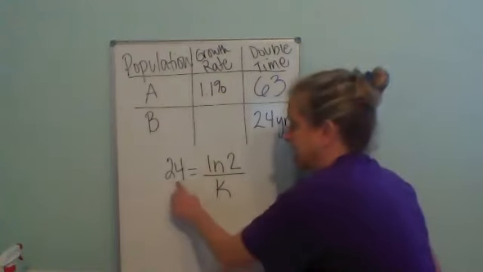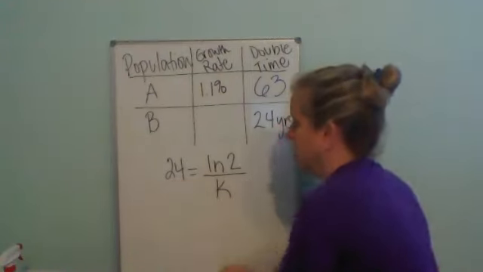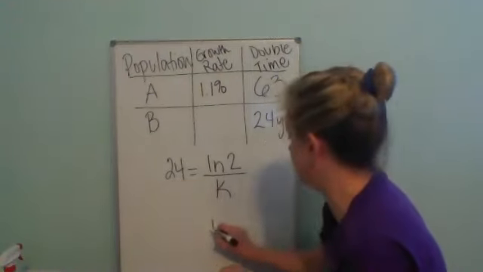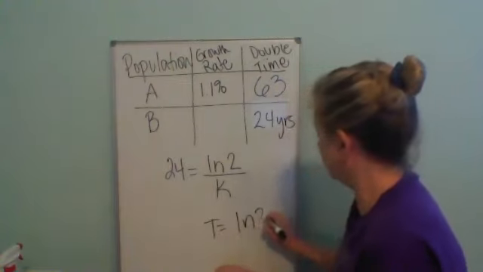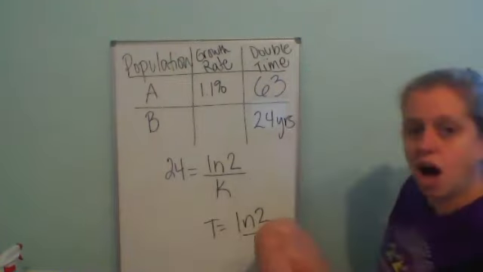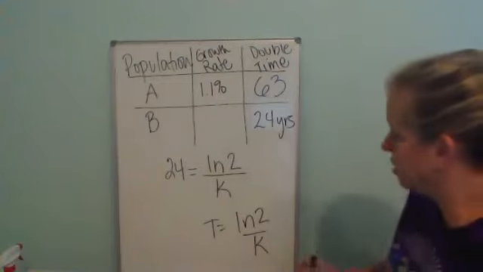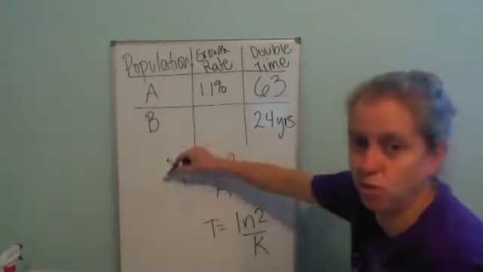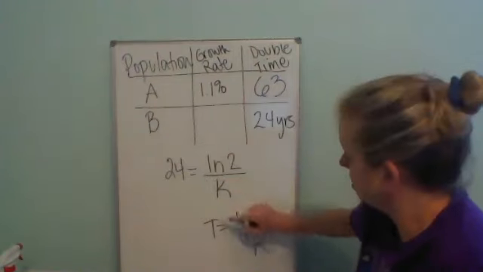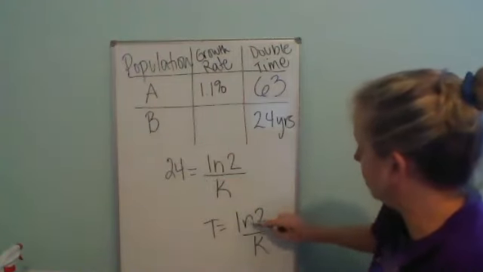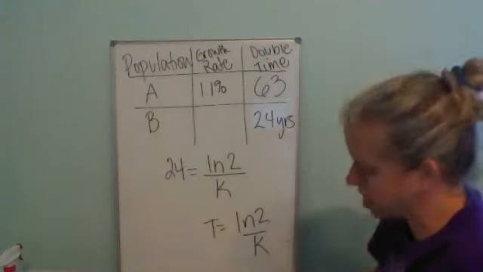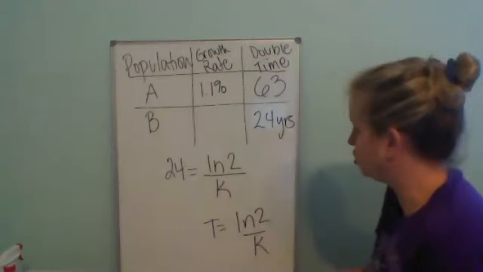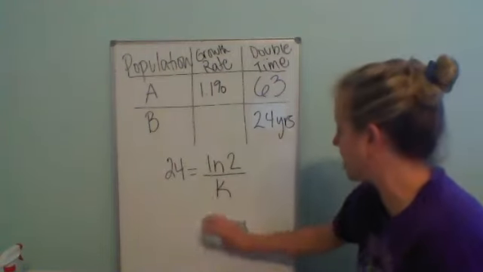I know the doubling time, which is the T of the formula, because remember that the formula is doubling time equals ln2 over K. So this time, what do I know? I know that the time it took is 24 years. And I know the top is always ln2, and the bottom down here is the K, which is what I do not know. So I'm solving for K.